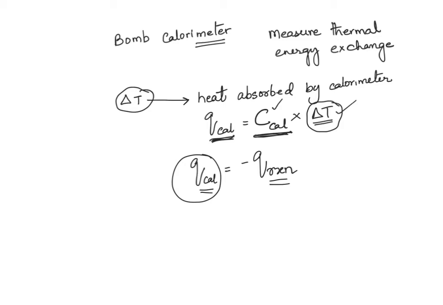Now, say there was a sample of 1.010 grams of glucose and we take it through a combustion reaction, and we know combustion is heating up in oxygen, and we get water and carbon dioxide.